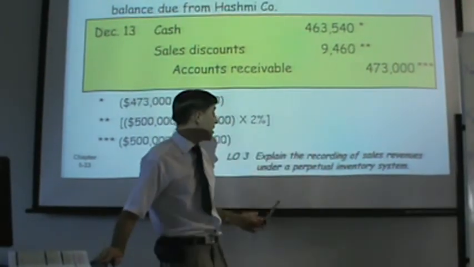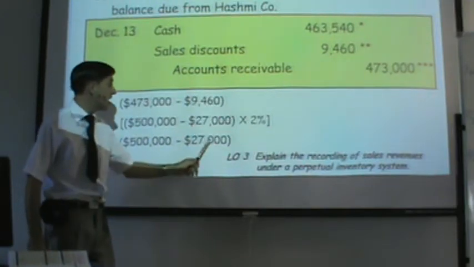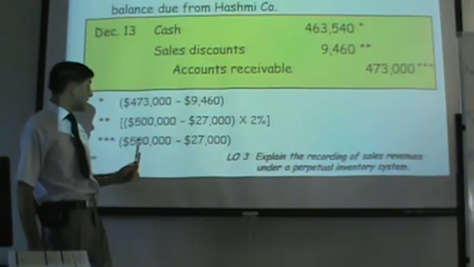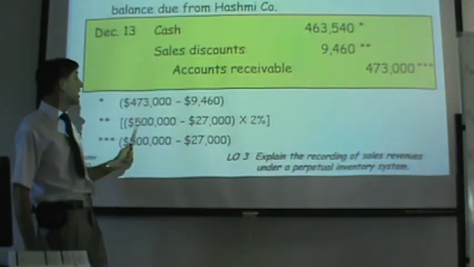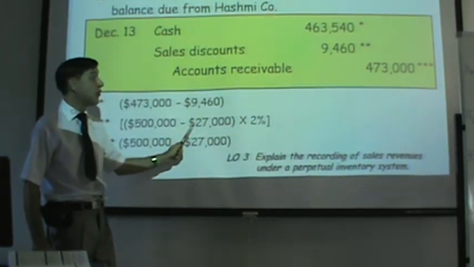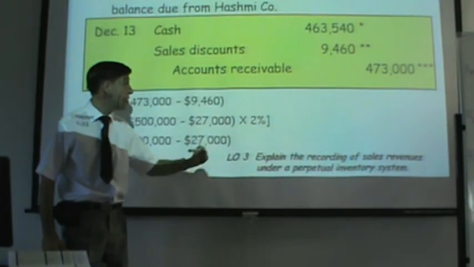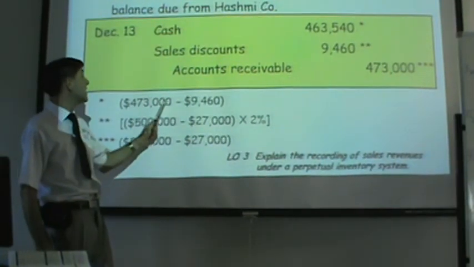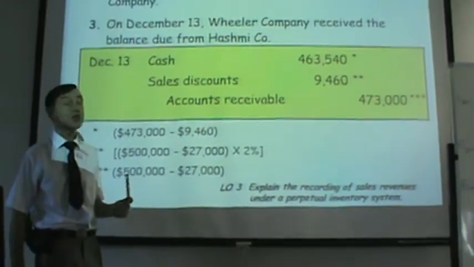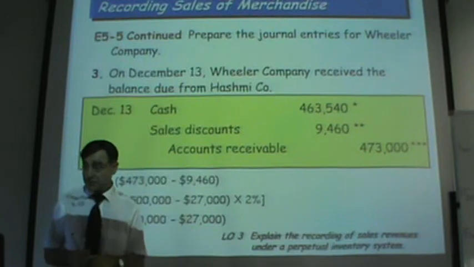You get to see 473 comes from 500 minus 27. That's what we compute first. Then we compute this number, which is 473 times 2%. You calculate the discount, and then you calculate the cash amount. Okay? And that's how it's done.